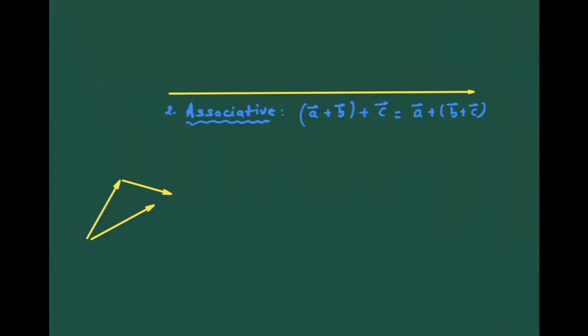Let the resultant is A plus B. Now consider C vector and the resultant is this. So resultant is A plus B plus C. Here we add A and B first, then we add C. So resultant is A plus B plus C. Now take B and C vector first.